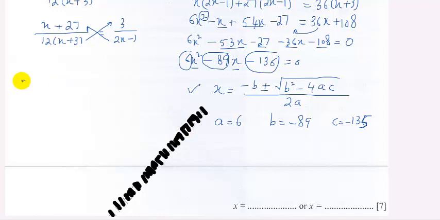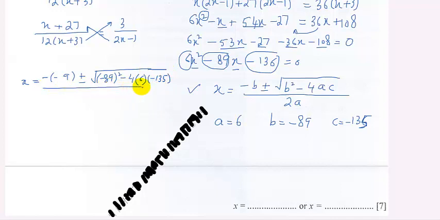So x will be minus b, which is minus 89, plus minus the square root of b squared, minus 89 squared, minus 4, a is 6, and c is minus 135, over 2a, 2 and a is 6.